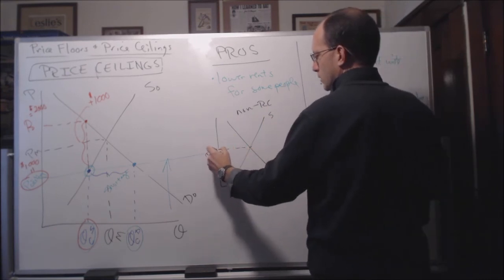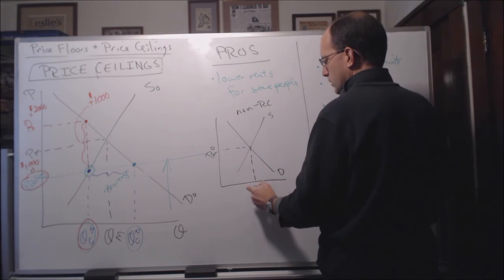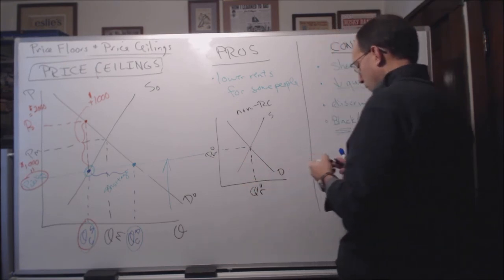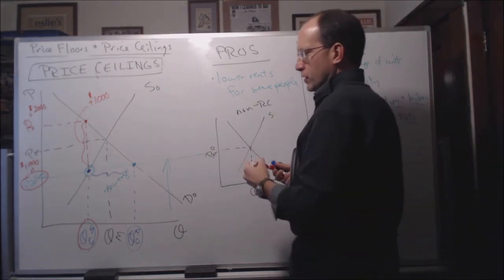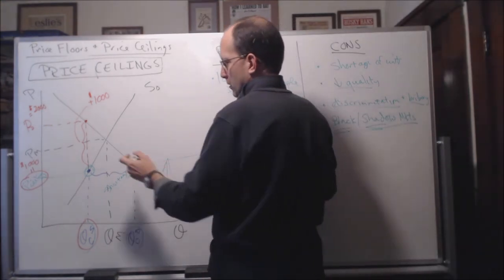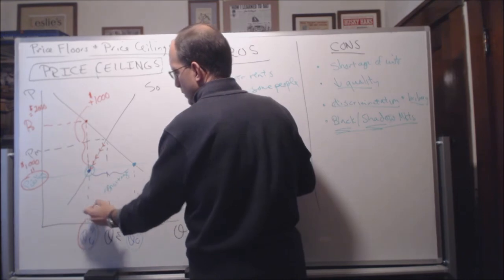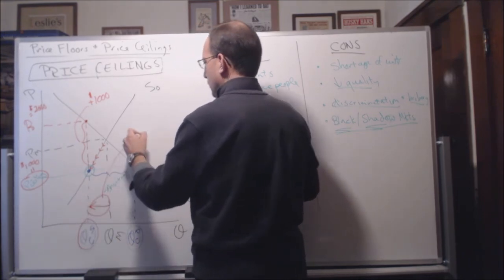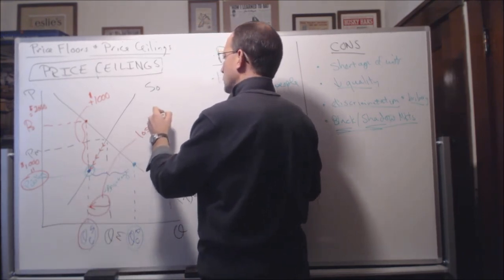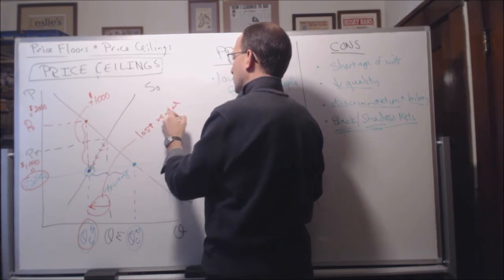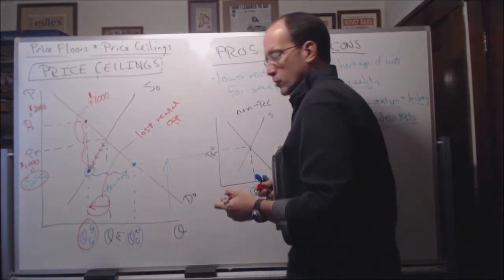Here was the market rent originally. And then what happens when rent controls develop over here? Well, we see a decrease in the number of units that are available, right? Lost rental opportunities in the rent controlled part of town.